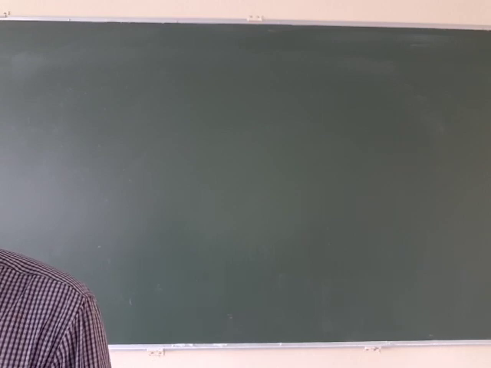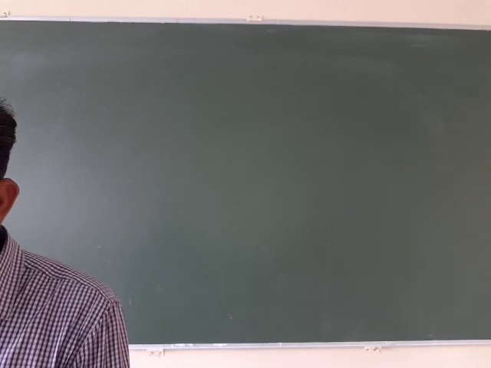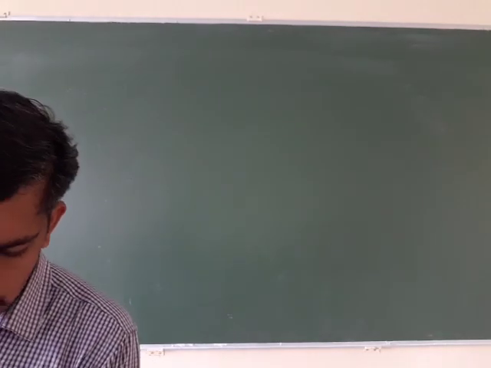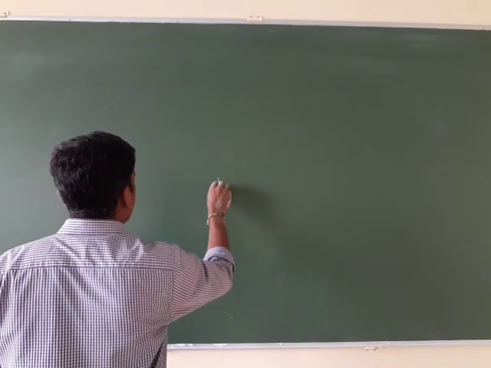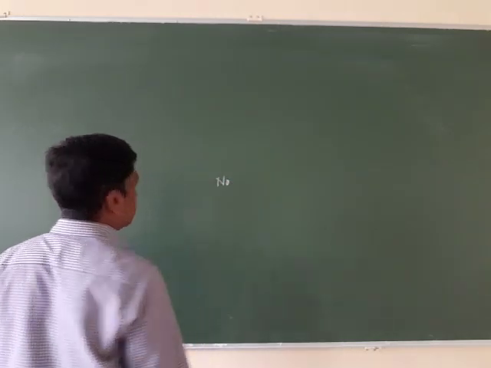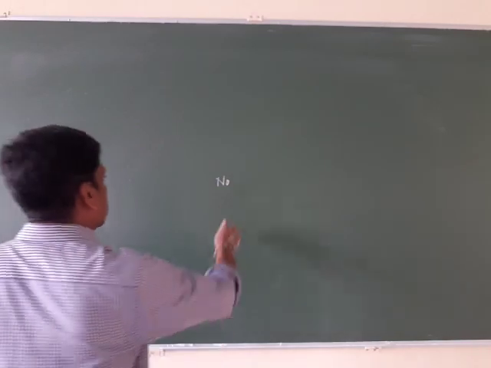Now the next point on this topic. Before moving to the next point, I wanted to give you a simple triangle, which is called the mole triangle, and this is used to convert different quantities.